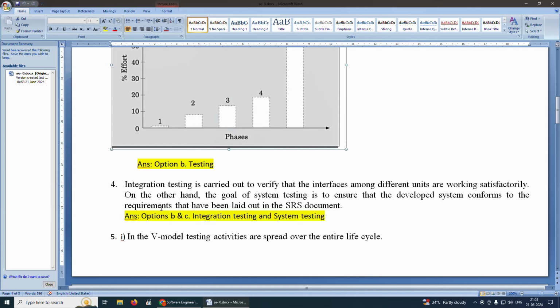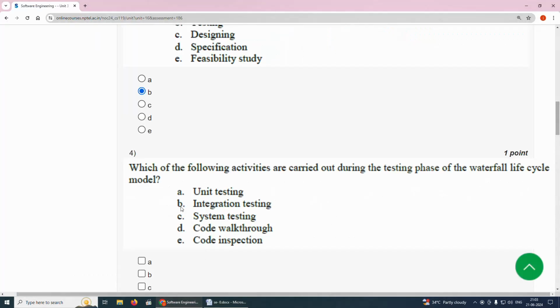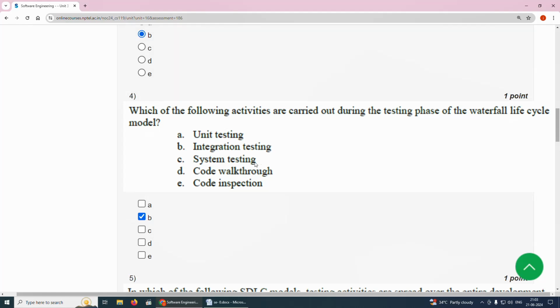So the answer is options B and C, integration testing and system testing.